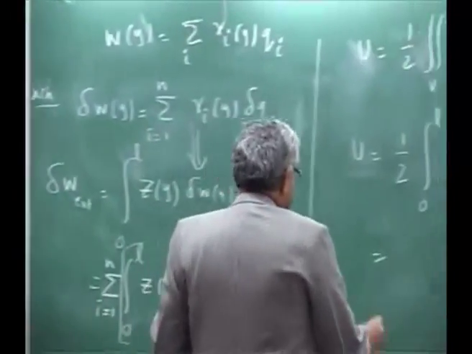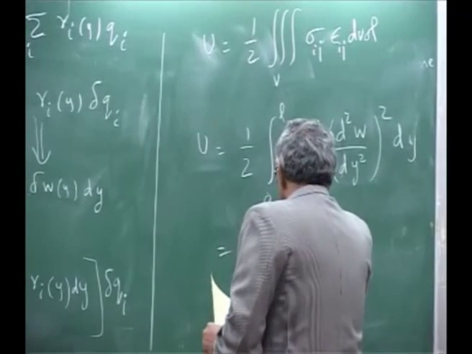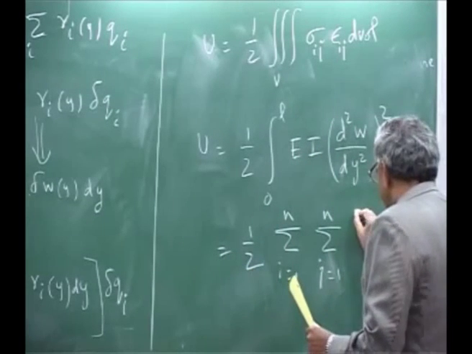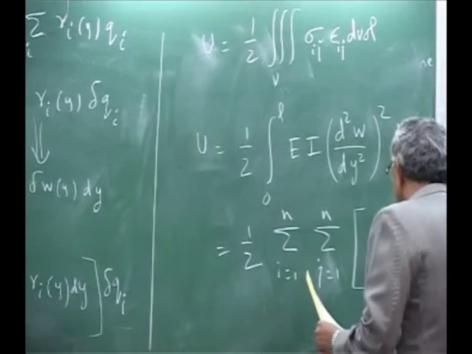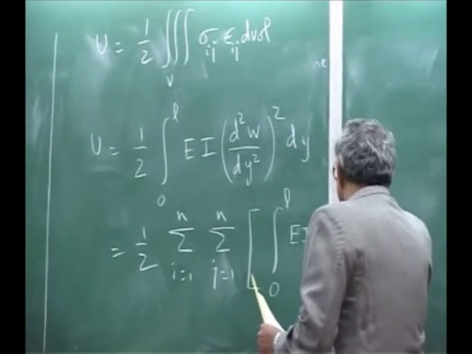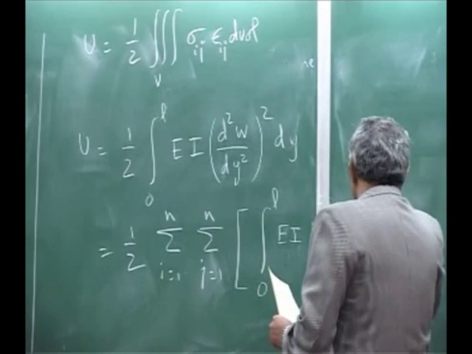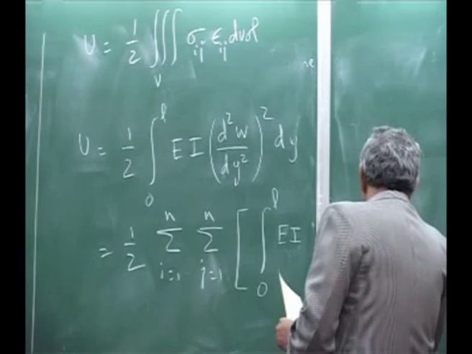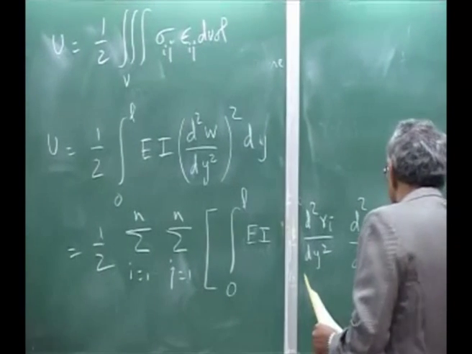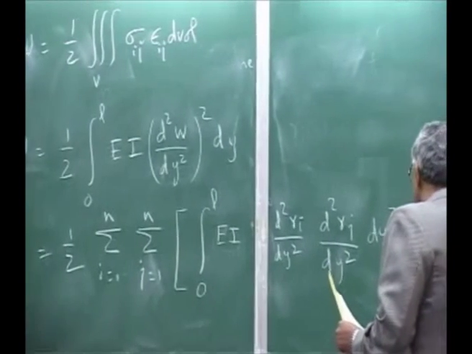You will write this as half summation i running from 1 to n, summation j running from 1 to n, integral 0 to L EI d square gamma i over dy square, d square gamma j over dy square dy, into qi qj.